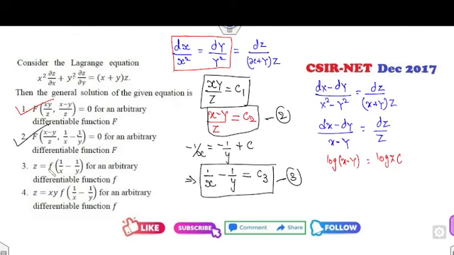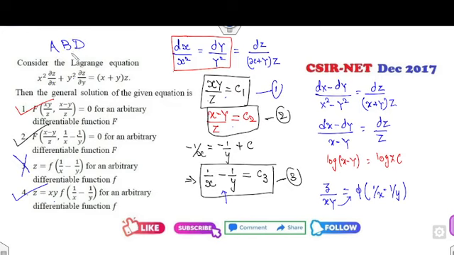Now this is in terms of the solution. I need one solution, this one, and one solution the z. Whether you write this or this, again it is not in the form of this one. While the last solution, I can start with the equation number 1. I can write z over xy is also part of the constant, which is a function of 1 over x minus 1 over y. Clearly if you multiply them, it's xy, but it is not possible. So the right answer is A, B, D are the correct answers of this problem.